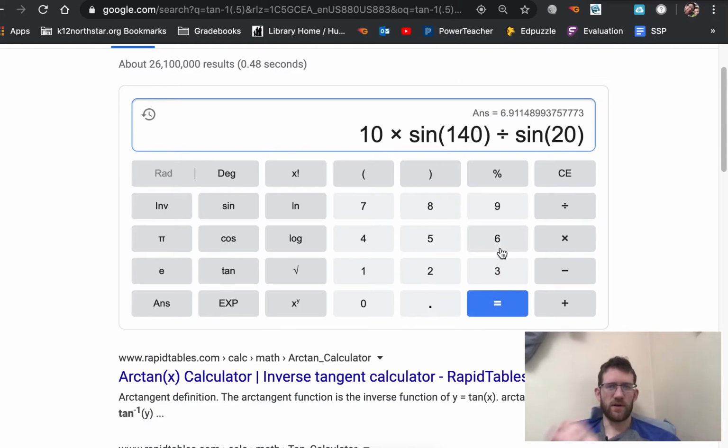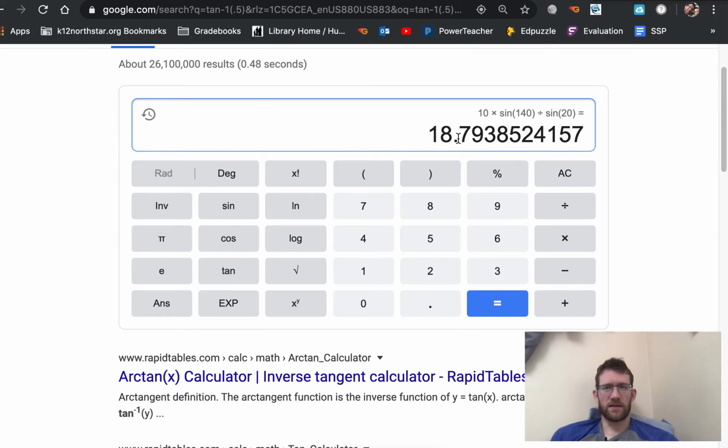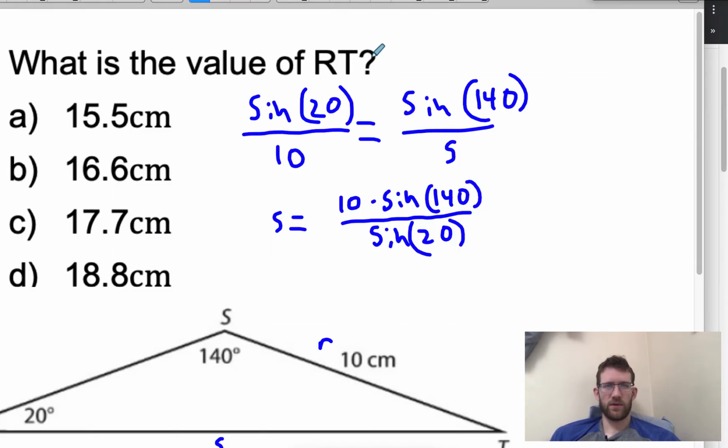Again, most of you will probably use an iPhone, so you'd have to punch in something like 10 times 140, hit the sine button, and then divided by 20, hit the sine button, and then hit equals. But in this case, I get 18.79. Okay, which is pretty close to that.